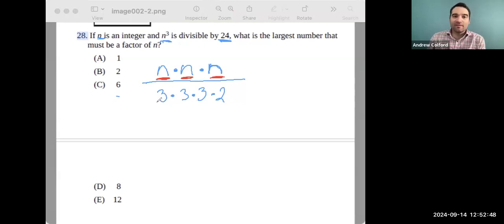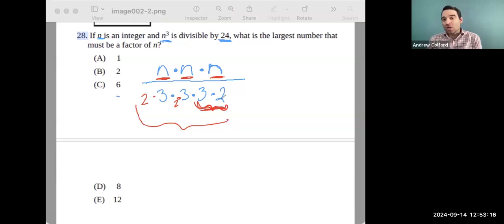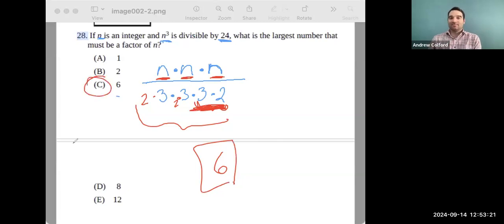N couldn't be 3 because I have this 2 left over. So assuming that 2 is part of the party, I need to have at least 2 other 2's floating around in here so that I get 3 times 2 times 3 times 2 times 3 times 2. At a minimum, n times n times n needs to be divisible by this big number, and each n has to be at least 6.